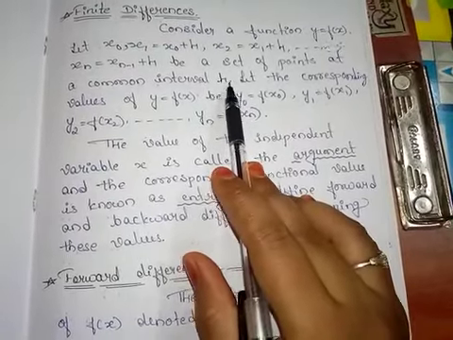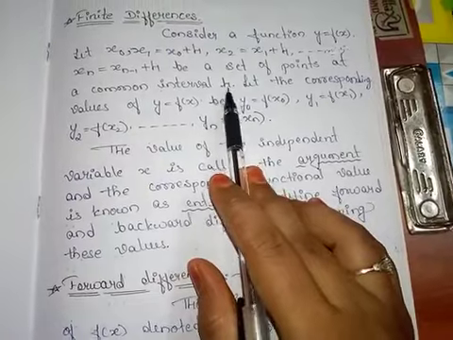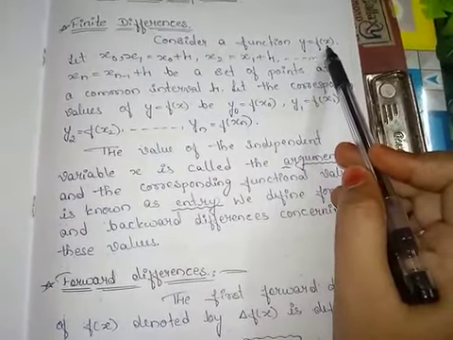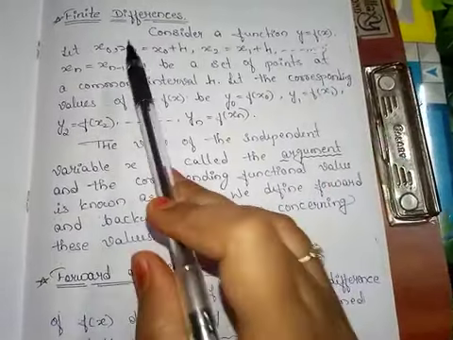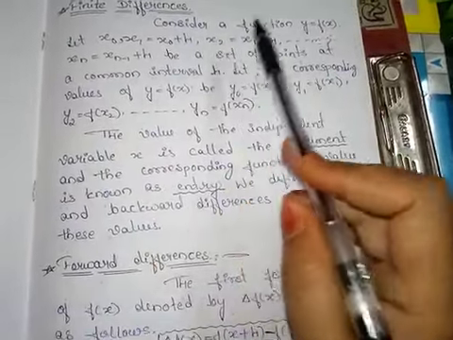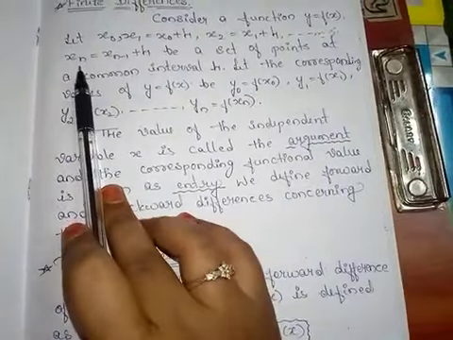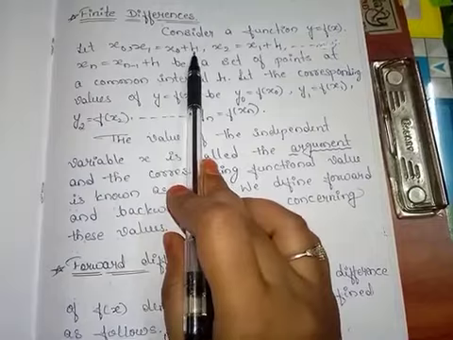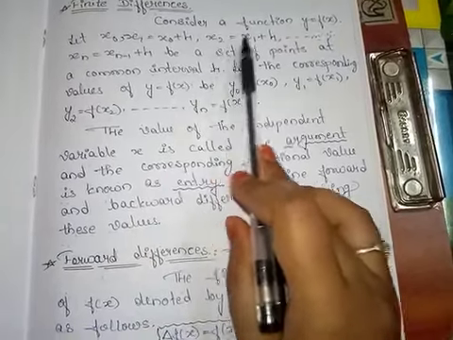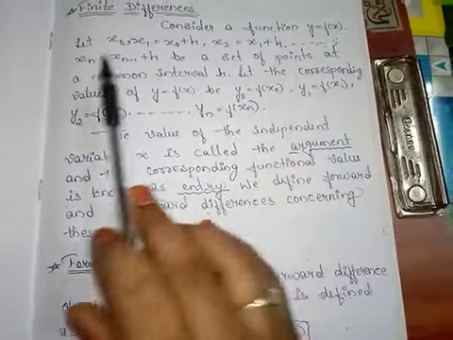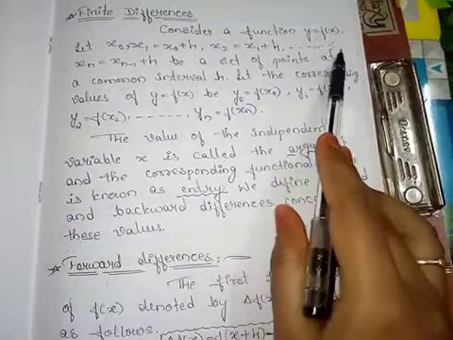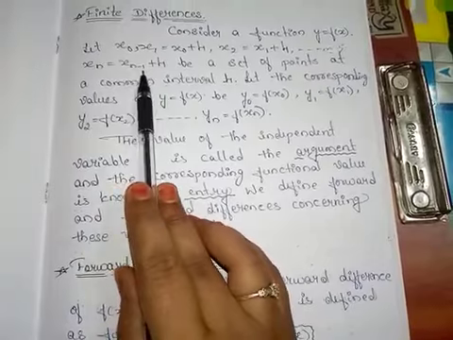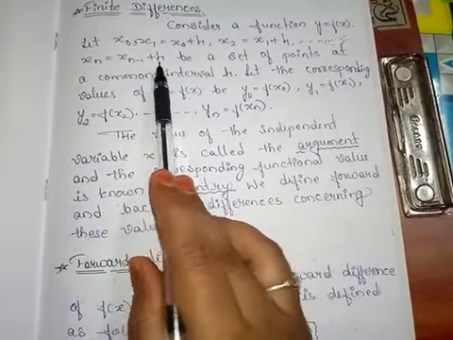Means the difference between all the x values is fixed here, and we are considering these values as x0, x1, x2, x3 and so on to xn. Here x1 is equal to x0 plus h and x2 is x1 plus h and so on, xn is equal to xn minus 1 plus h.